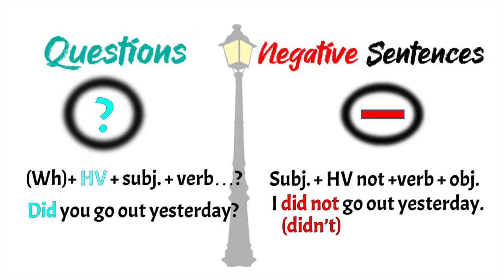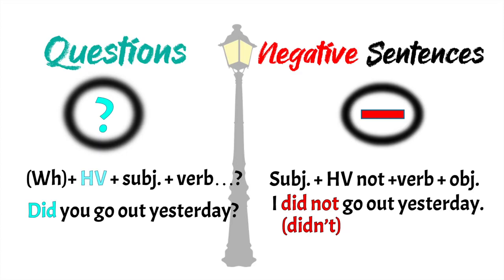Okay, WH question word if you have one, like where, how long, etc., plus the helping verb, did in this case, then subject and then the verb. Okay, like in our example, did you go out yesterday? That's a good example.